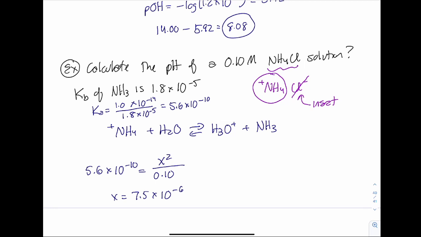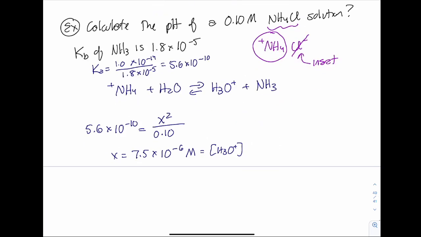I got the same number. And then that is my hydronium ion concentration, right? If you had your ice table in front of you, x is equal to this. It's also equal to this, but this is the one that's going to contribute to my pH. So then I can just take the negative log of that number to get my pH.